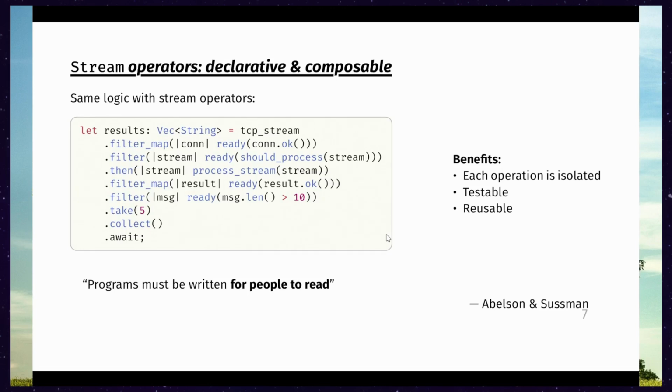And then there's this quote, programs must be written for people to read. So usually people are more often reading code than they're actually executing. I mean, it's just a quote, but I think it's clear from this example that the code is much more linear. There is no indirection, no jumping around. You can just follow along from the top to the bottom. So it's a bit easier to maintain.